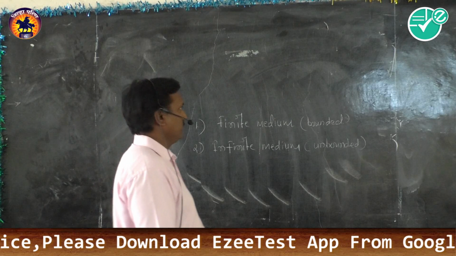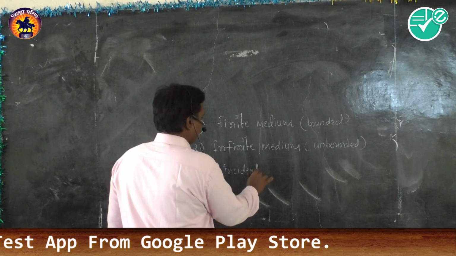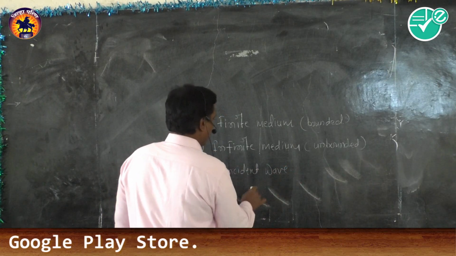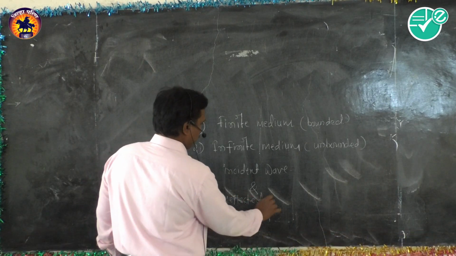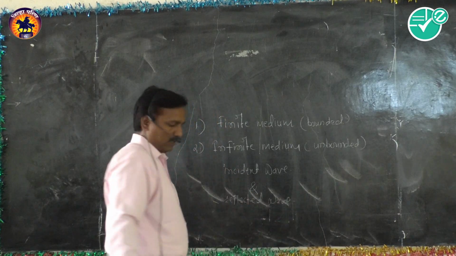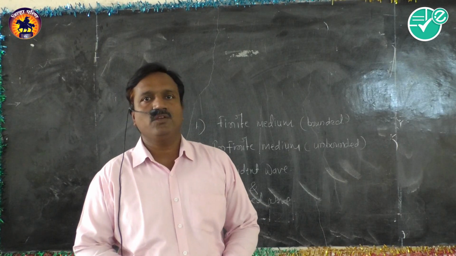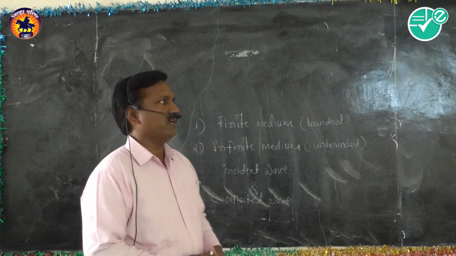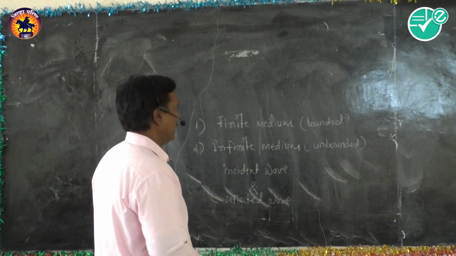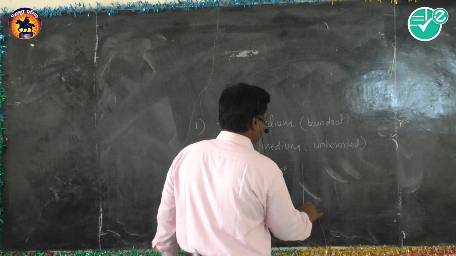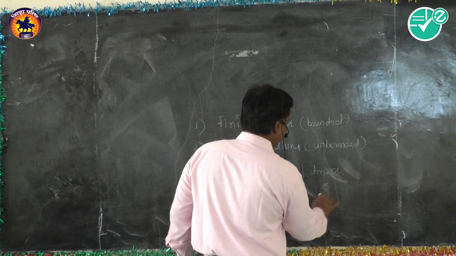In that condition, the incident wave and reflected wave interfere with each other, and therefore a standing wave can be produced. But what happens as they are incident on the boundary? This boundary may be a denser medium or a rarer medium.